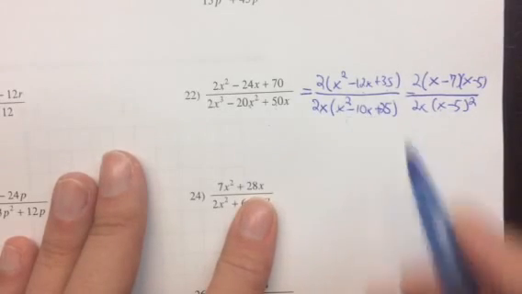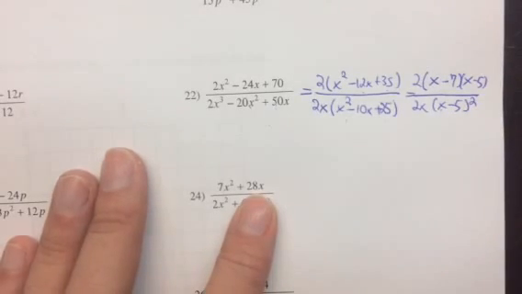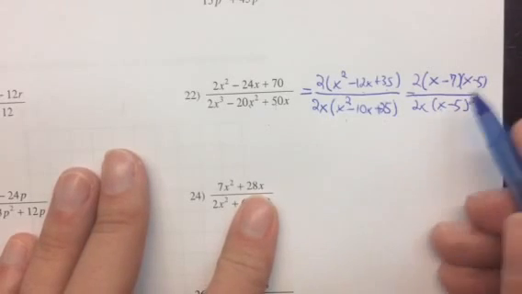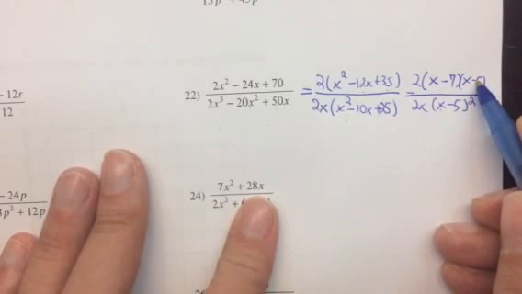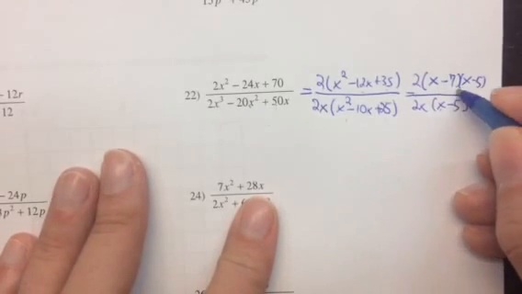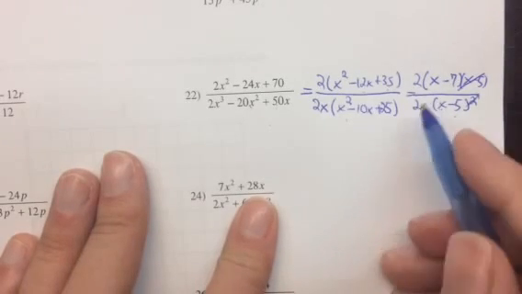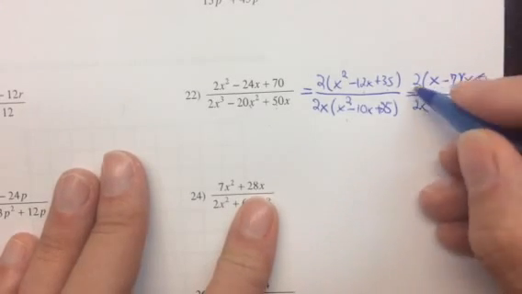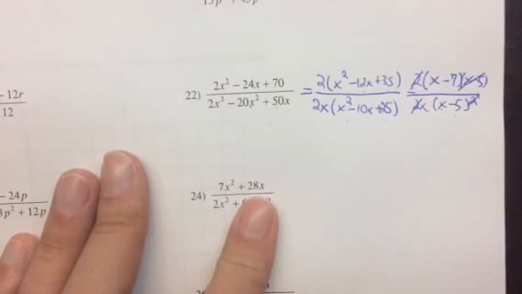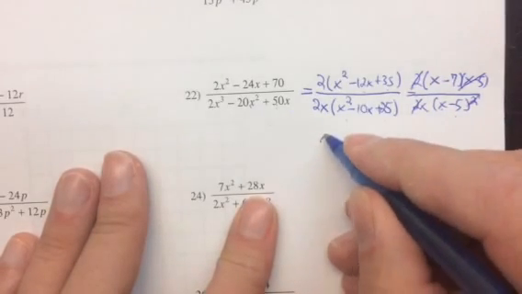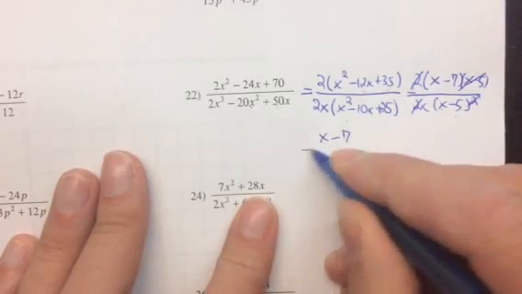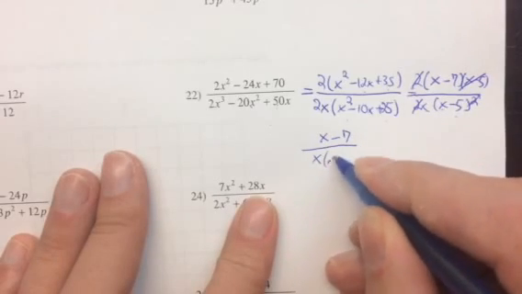X minus 5 times x minus 5 gives us x squared minus 10x. And now we look, is there anything we can cancel? Yes, we are multiplying by x minus 5 and dividing by x minus 5. Cancels out one of the x minus 5's in the denominator. Here, it's multiplying by 2 and dividing by 2. Cancels that out. And so what we end up with is x minus 7 divided by x times x minus 5.